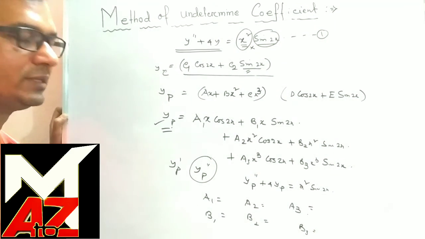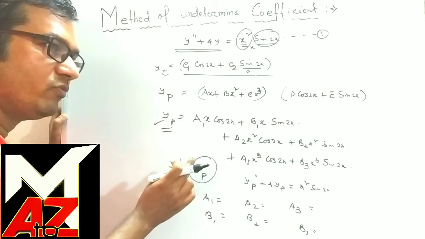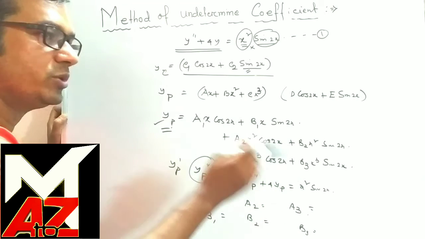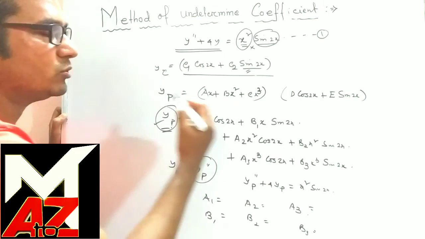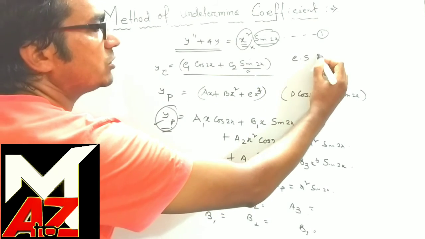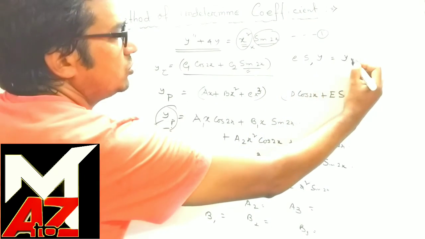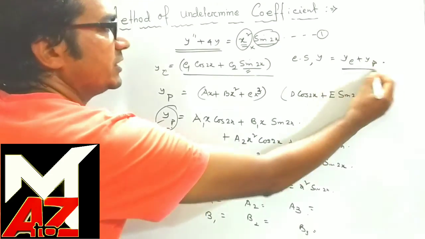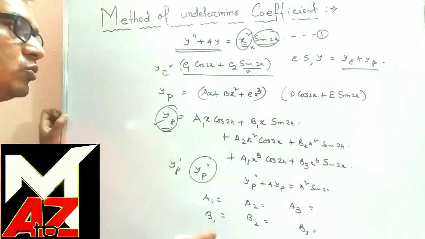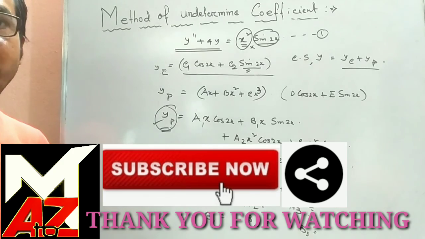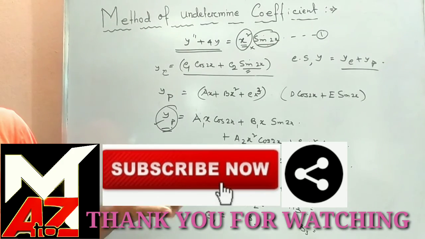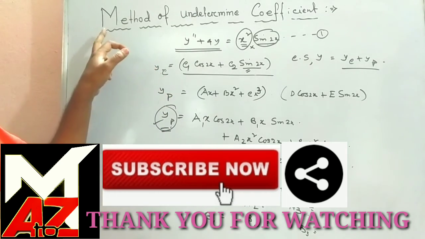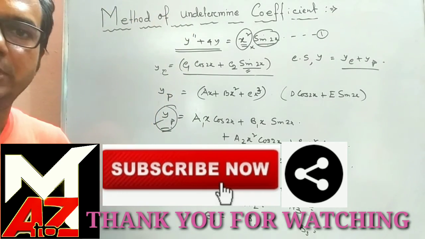Okay, so when we find a1, a2, a3, b1, b2, b3, then we completely find yp. Now the complete solution y is equal to yc plus yp. Okay, this is the total method, and this is a very important example to discuss the method of undetermined coefficients.